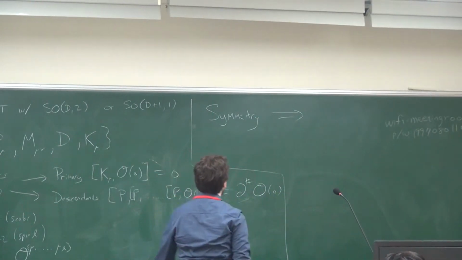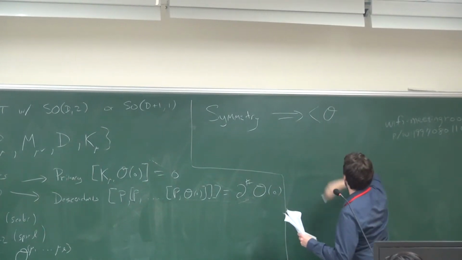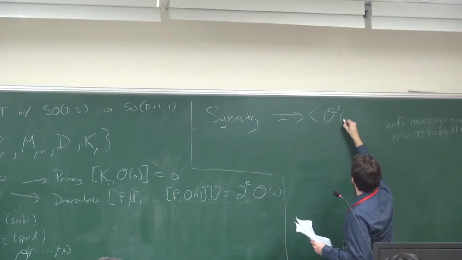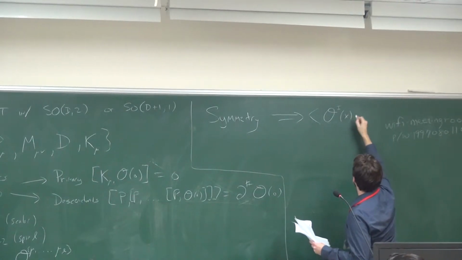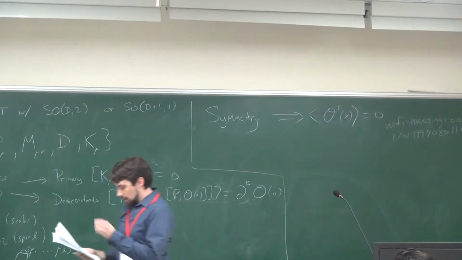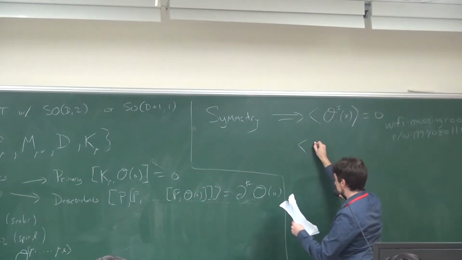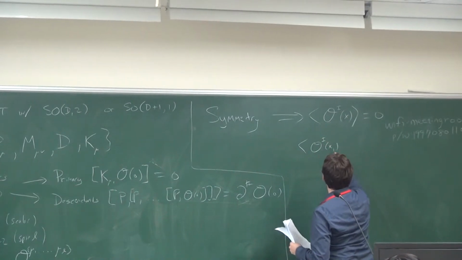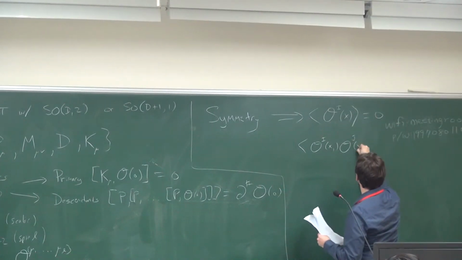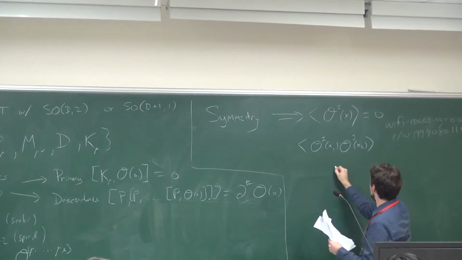One immediate consequence is that the expectation values, or one-point functions, of local operators vanish. It also tells you that two-point functions of an operator have a form which is completely fixed.